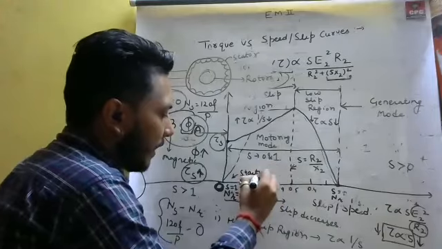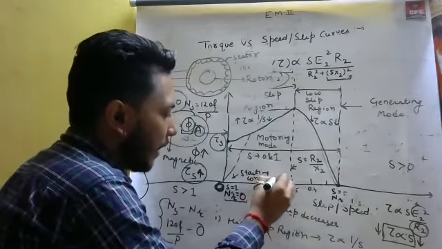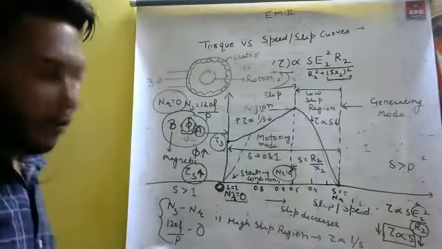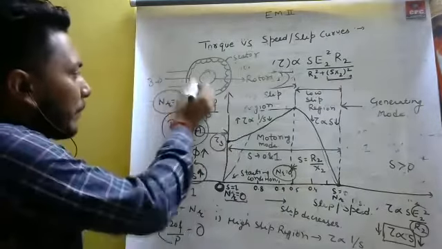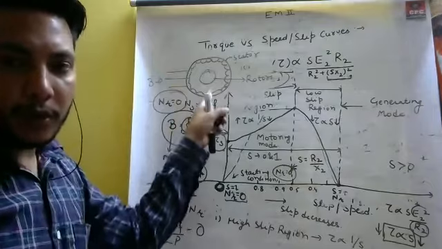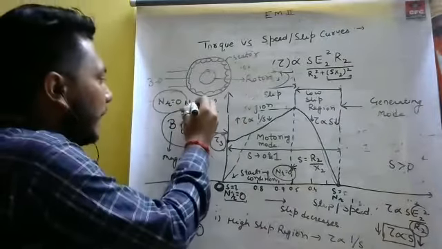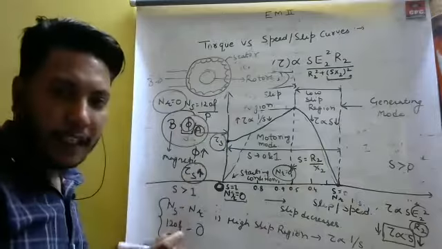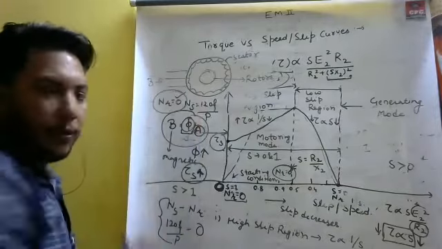At starting condition, we know that the rotor speed is 0, that is, the rotor is standstill. When we give three-phase supply to the induction motor, a three-phase rotating magnetic field is produced, which rotates at a speed ns equal to 120 f upon p. At starting, the rotor speed is 0.